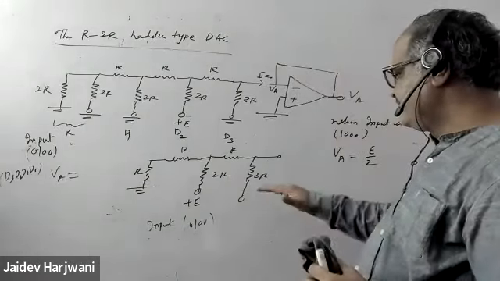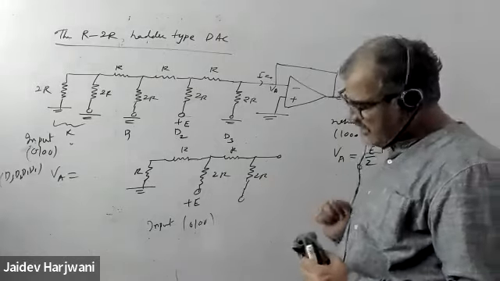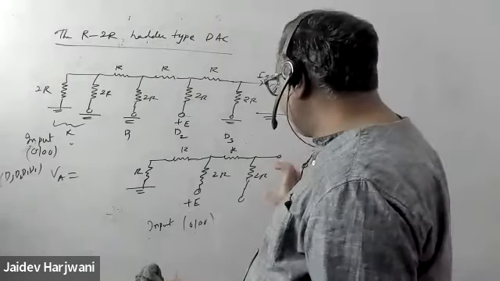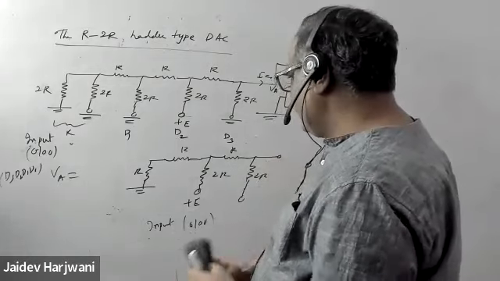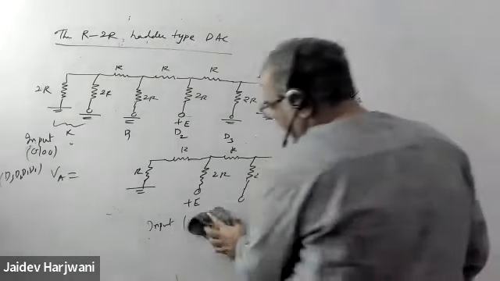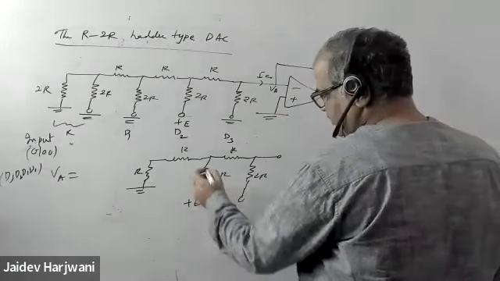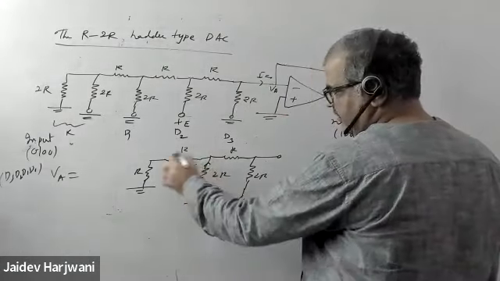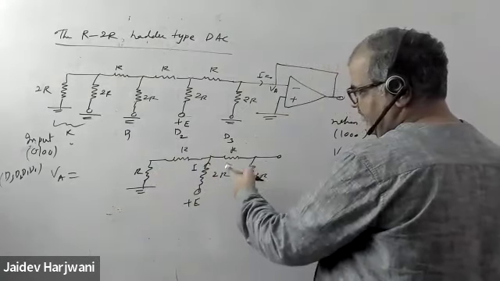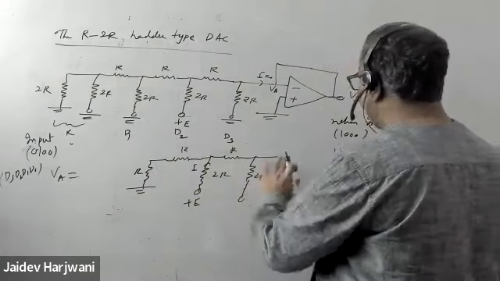Which is the theorem? Thevenin. You can use VThevenin to find out the voltage here. Or I'm doing it simply using the current division rule. Suppose current is coming here, some current goes here and some goes there. If I know this current, I can find out the voltage here.